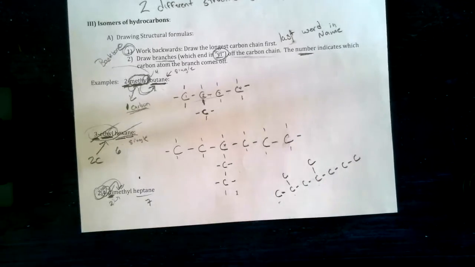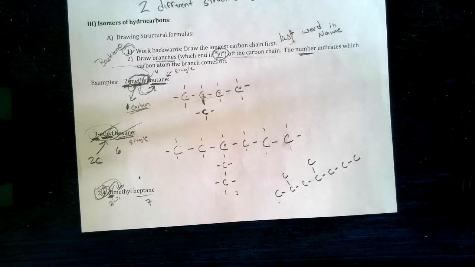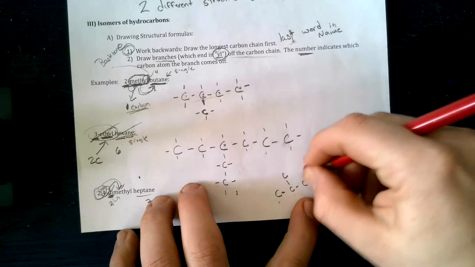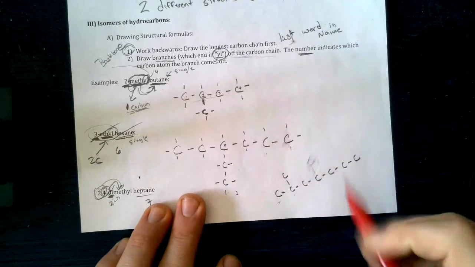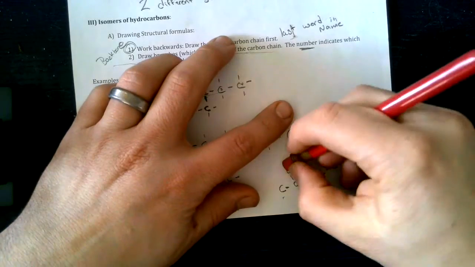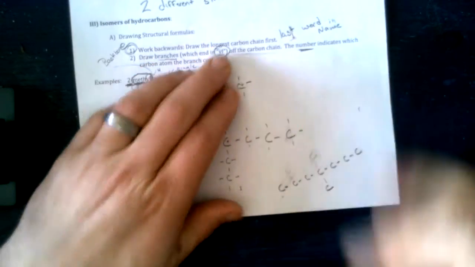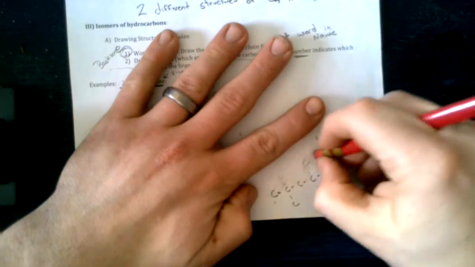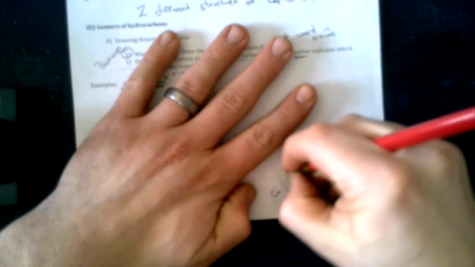Now, one of the questions people ask, and you're going to ask, well, can I draw it like this? Yes. Okay, well, can I draw it like this? Yes. It doesn't matter where they're pointed, up or down.